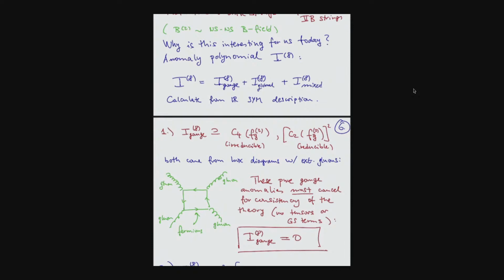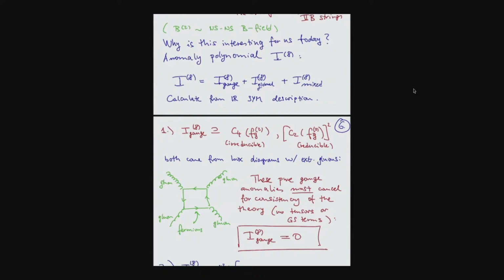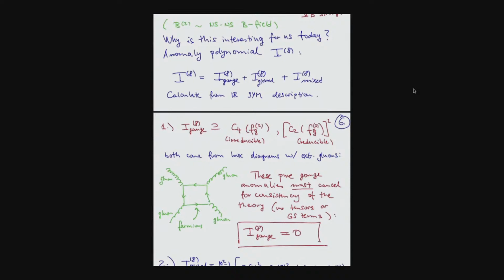And I'm going to look at different terms in this anomaly polynomial and give them some interpretation. So I'm going to call the 3 parts that we're going to discuss in turn I_gauge, I_global, and I_mixed. And these anomalies can be calculated easily from the SUSY Yang-Mills description in the infrared, because they only get contributions from massless particles.